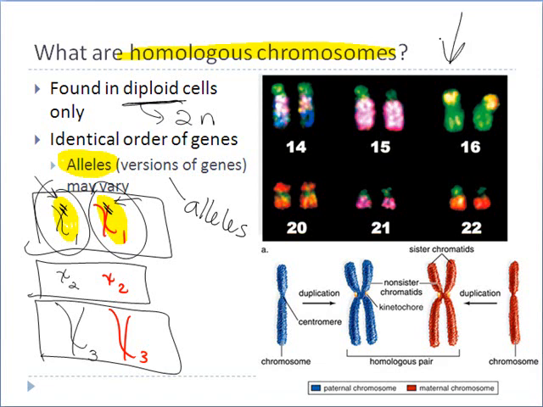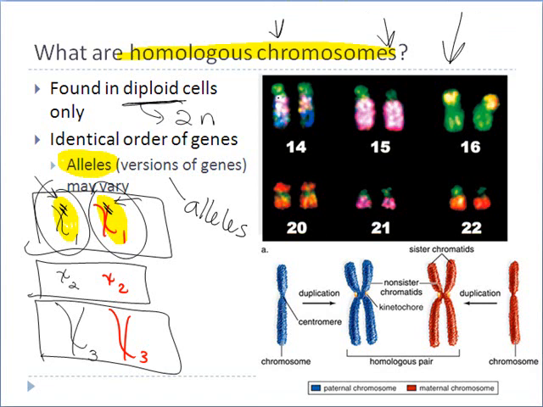This picture, by the way, shows you stained or dyed human chromosomes, showing you the homologous pairs. It's showing you chromosome 14 in humans, chromosome 15, 16, 20, 21, and 22.